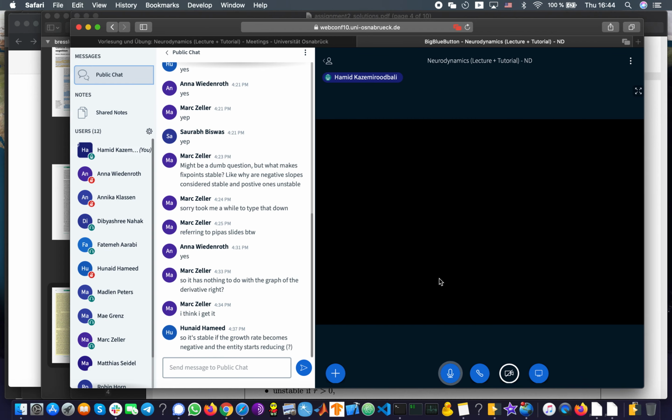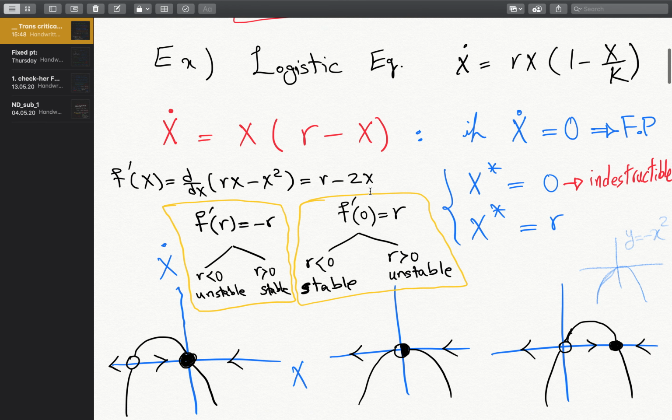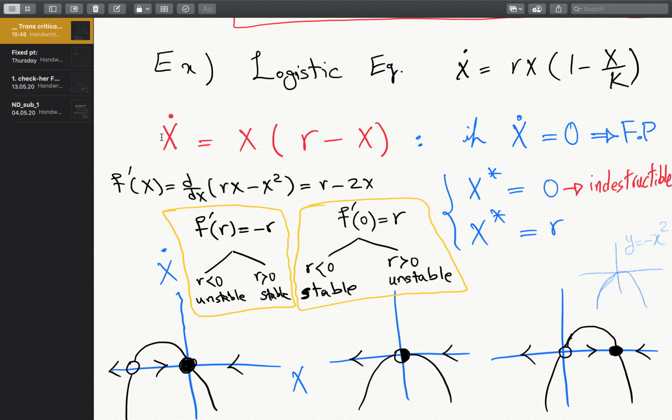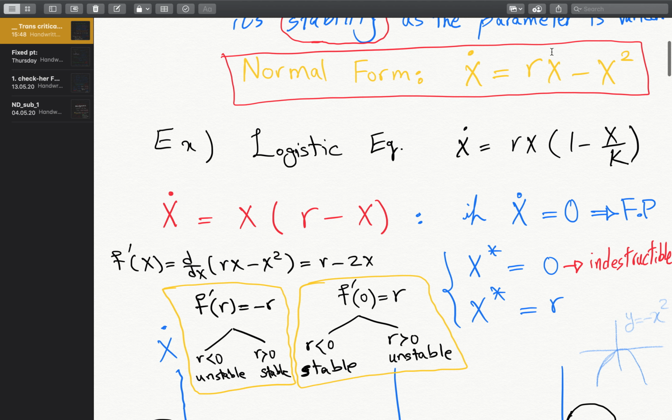Let me check whether you have any questions. Okay, so x dot equal to this was the normal form, right? I factor the x, and then x dot is going to be x times r minus x, this red part here. I'm interested in finding the fixed points again. A fixed point means that the point is fixed; there is no change in x.